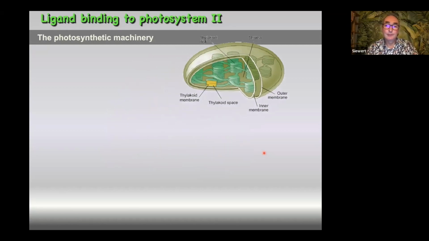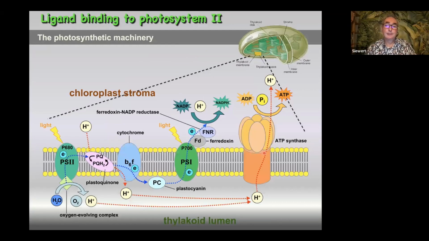And if you look in more detail at these thylakoid membranes, you see that they are packed with membrane proteins that perform all sorts of enzymatic activity. And it starts actually with the Photosystem II complex, which will also be the topic of what I will be showing next, which can actually absorb light and thereby frees up some electrons that are used in a cascade of processes to carry these electrons all the way to this ATP synthase complex, where then ADP is converted to ATP.